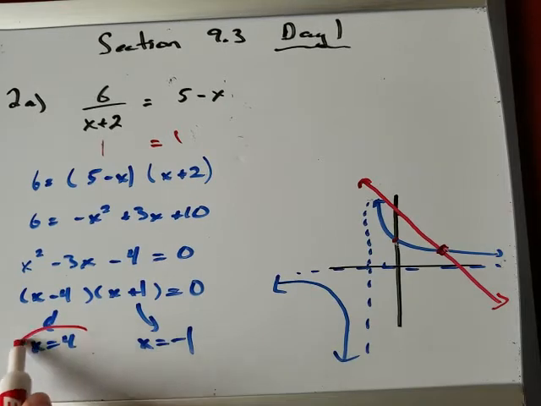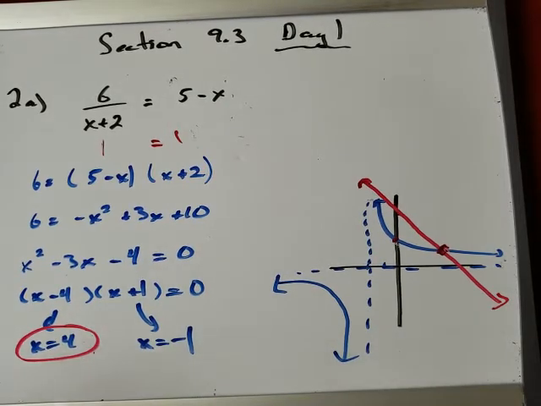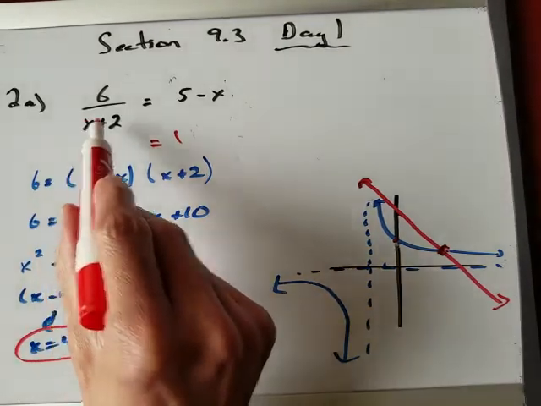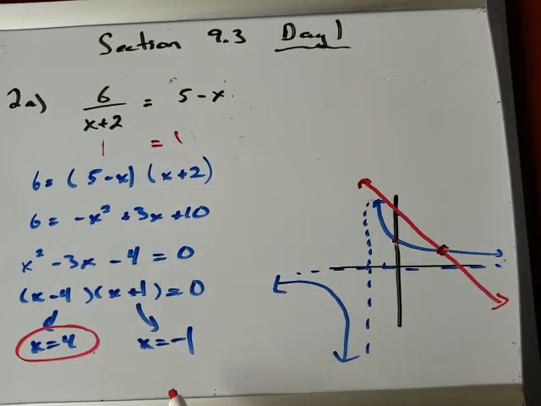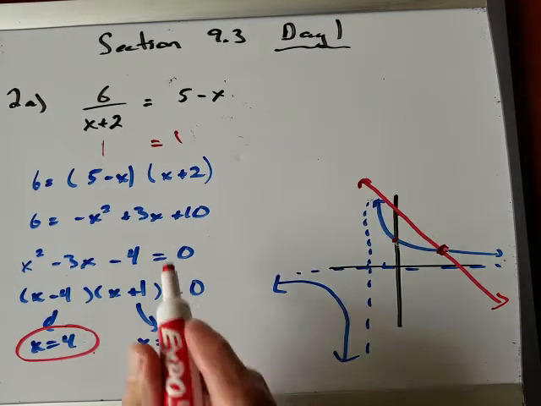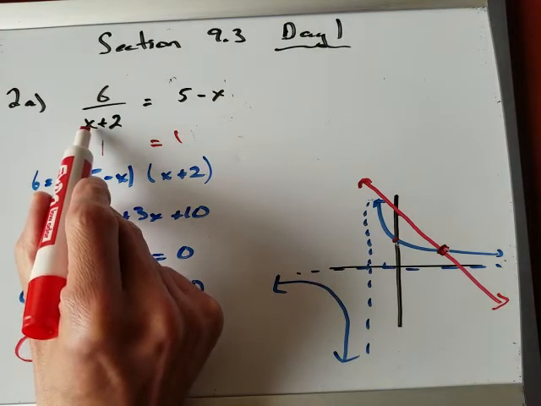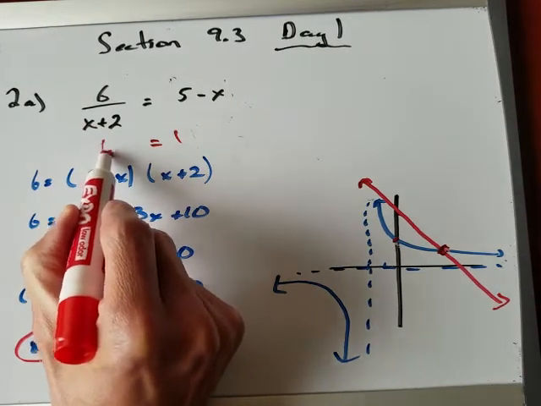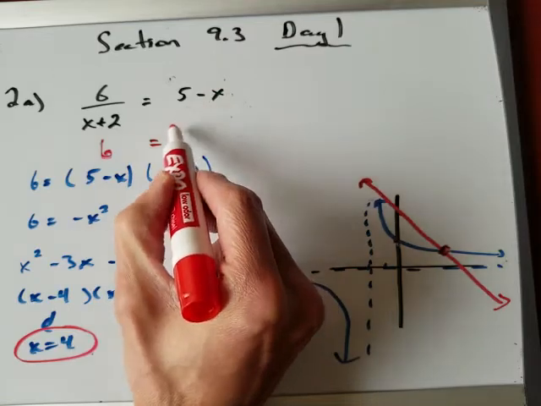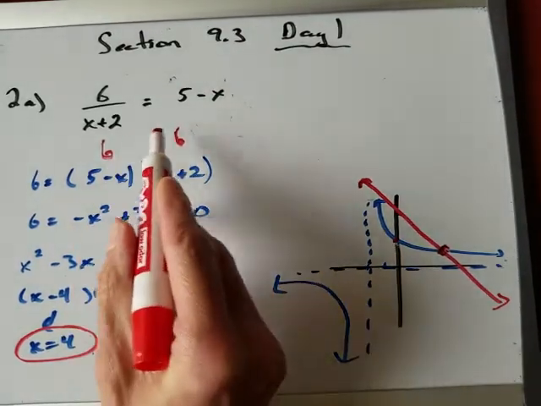Now here's where, we won't finish it because we got one more to look at. We've seen this before. Sometimes you take a number and you put it in and it works, and then sometimes it doesn't, and you're left wondering, well, what just happened and why didn't that work? And so here would be an example of it. You take negative 1, you put negative 1 on this side, and you get an answer of 6. You put negative 1 in on this side, you got a 6, so it still worked, but let's say it didn't.